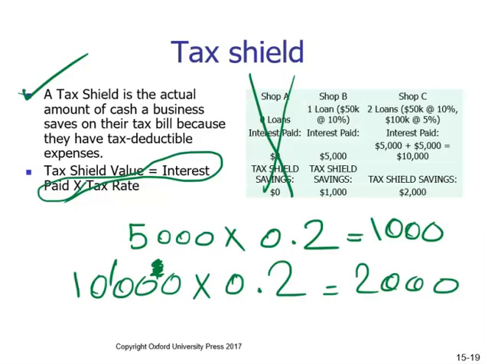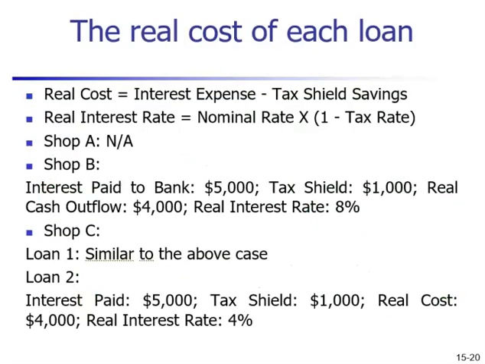Stop the video before you check the answer to part 3. The real cost of each loan. Before we do the math, we know that for example, Shop B, its current cost is 10%. And also, when we are talking about cost, we mean rate.